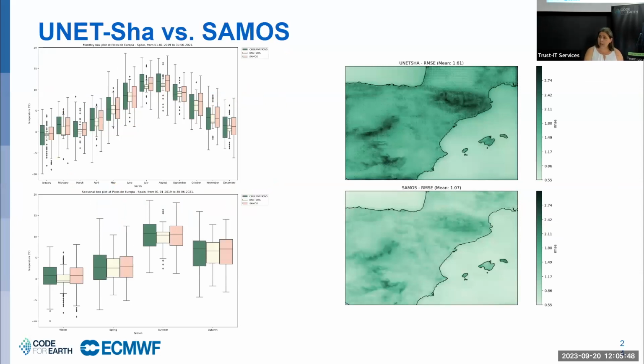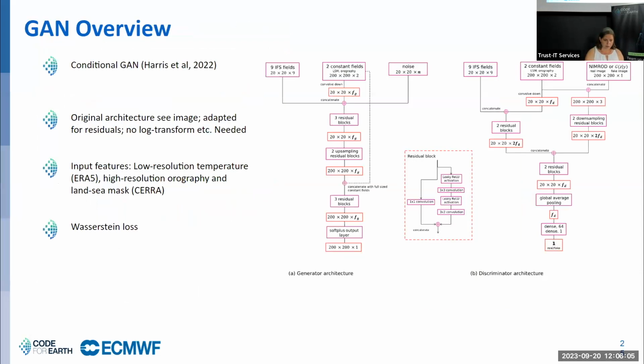And you also see here in the RMSE these nice artifacts in the RMSE plot, which are the result of this short training period. So it's not exactly comparable to SAMOS, and there's still some work to do for the UNet.